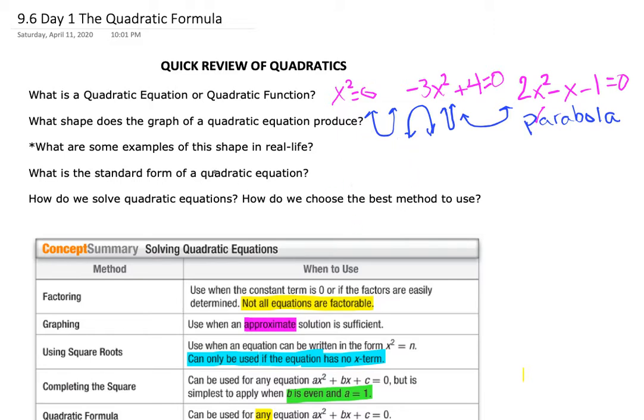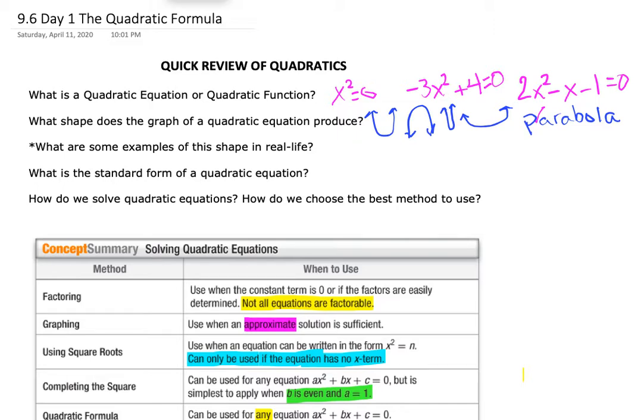If you can think of something in real life that is the shape of a parabola, why don't you send me a quick email or something? And if it is one that I have never heard of from a student before, then I will give you a bonus point, just a +1 point that you can use on any assignment or test or anything.